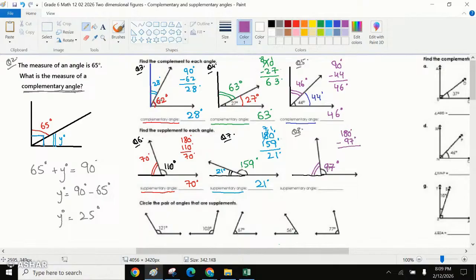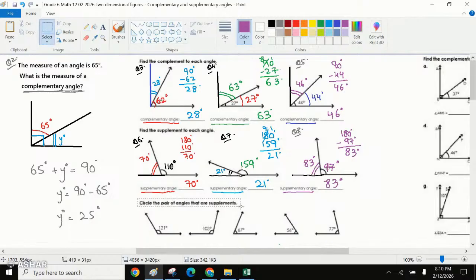When we do 180 minus 90, half of 180 is always 90, right? So 180 minus 90 is 90. And 90 minus 7 would be 83. That means this supplementary angle would be 83.